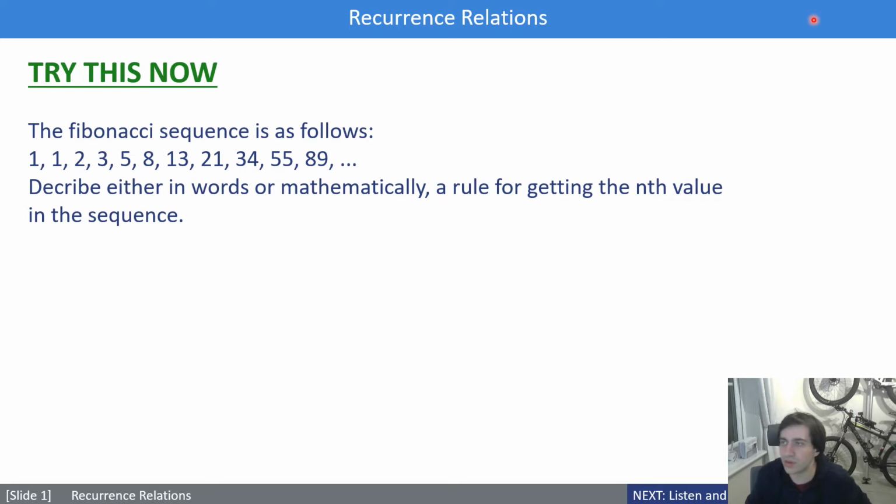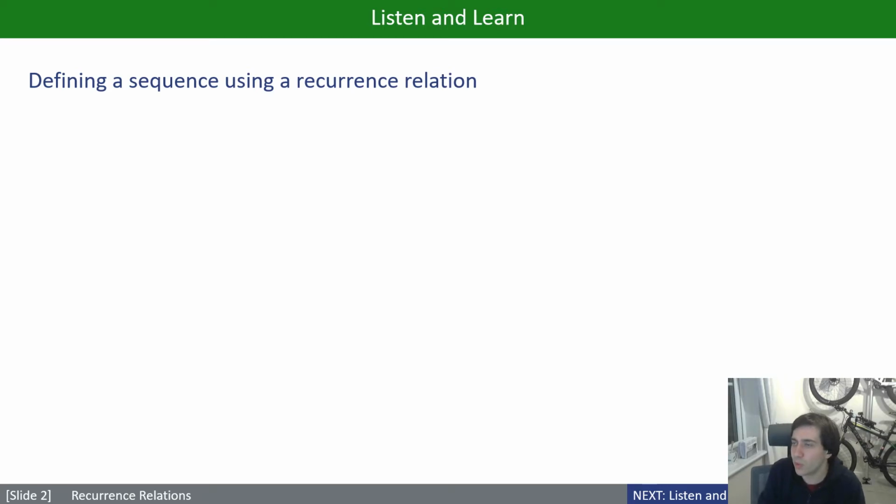So let's look at recurrence relations. Let's define them a little bit more formally. So a few points to make. First of all, well, you can see it in the title there. A recurrence relation defines a sequence, right? So that is the purpose of a recurrence relation. It defines a sequence.